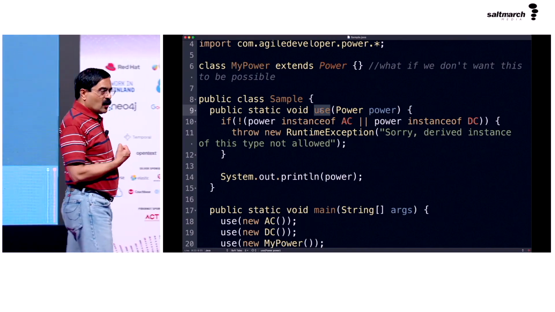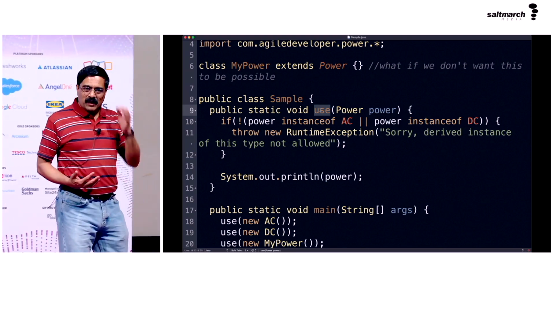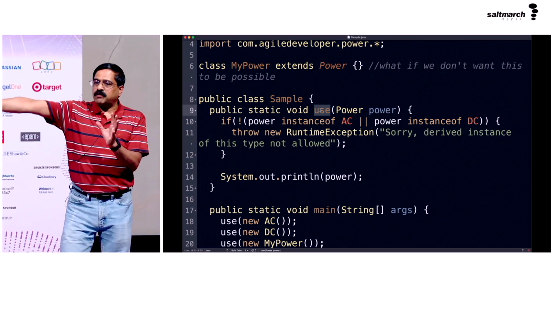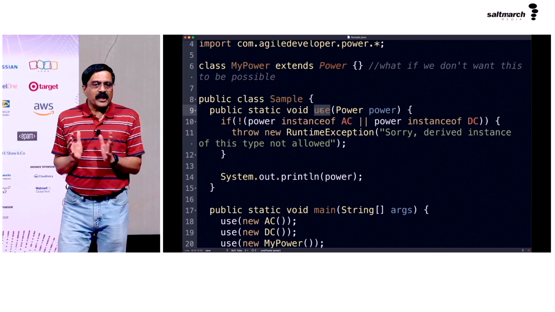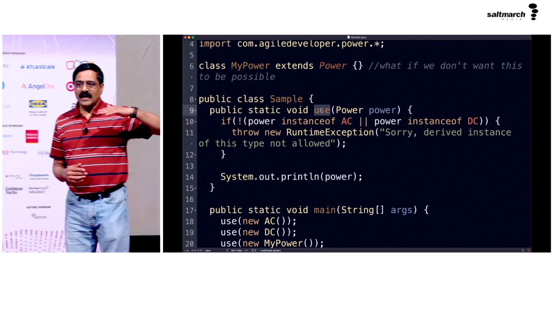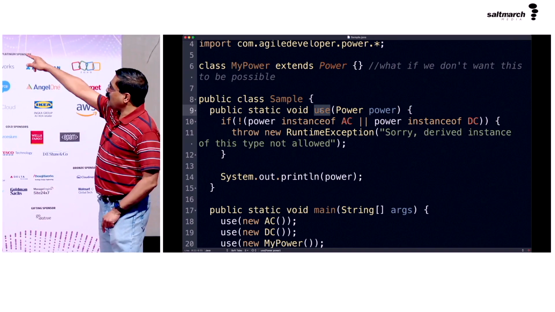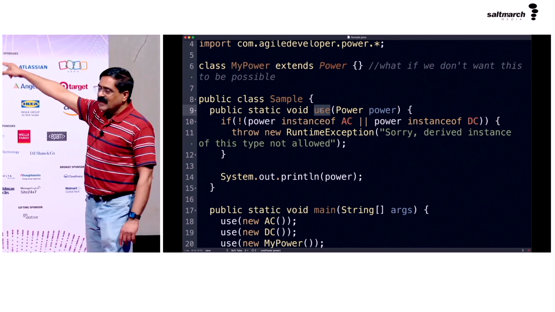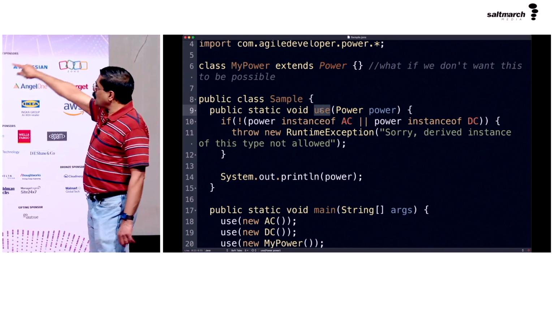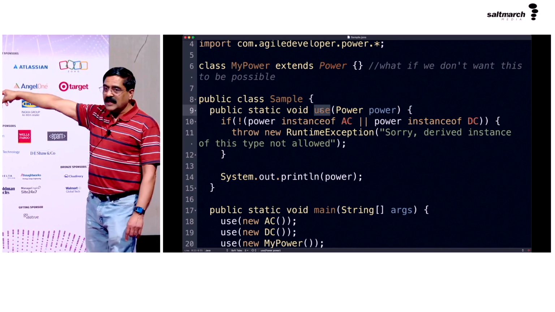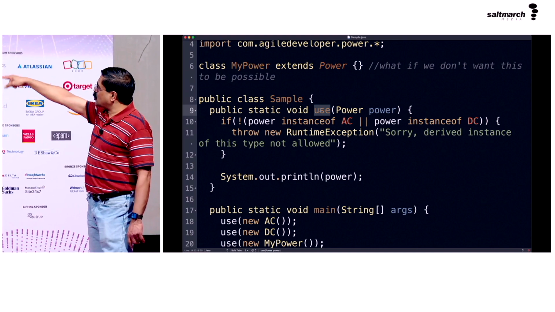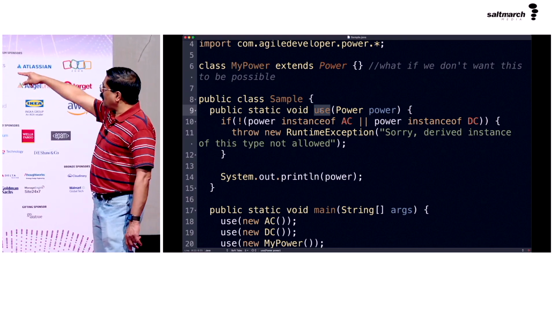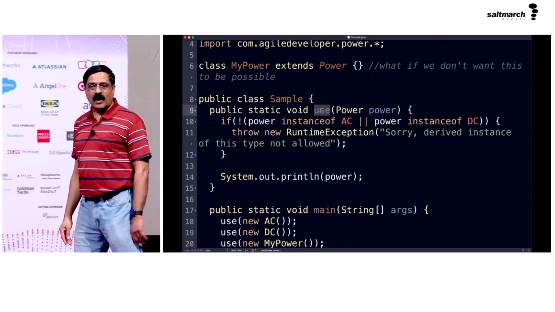But in my code, on my part of the system, remember, there's a core and there's a plugin. And the plugin creates objects, and my code is using the object. And I have a gate, and in the gate I say, hey, use the power. If the power is an instance of AC, or the power is an instance of DC, then use it. If it's not one of the two, I'm going to throw an exception. Sorry, derived instance of this type is not allowed.